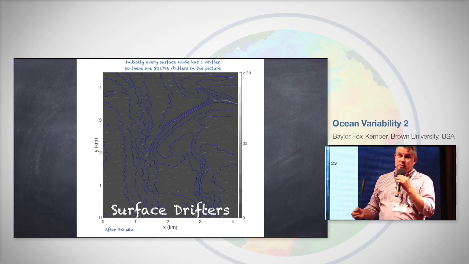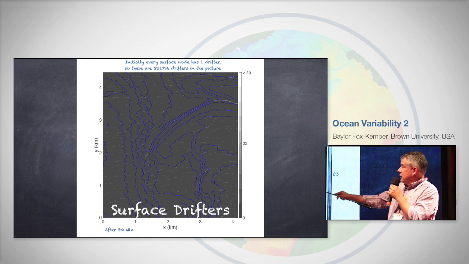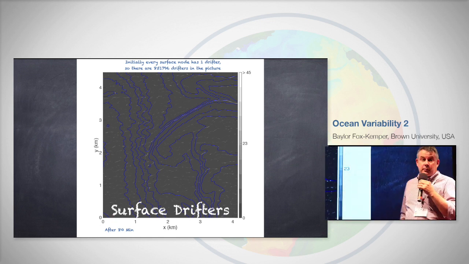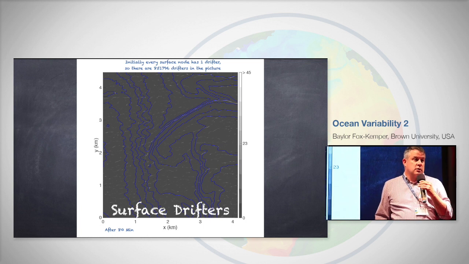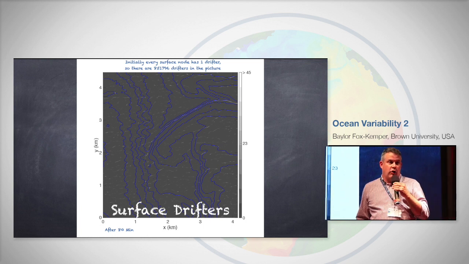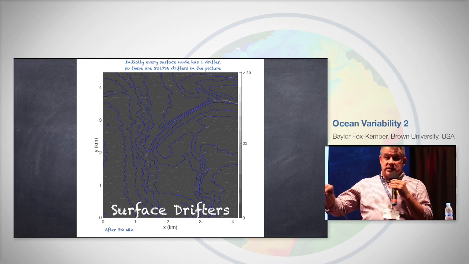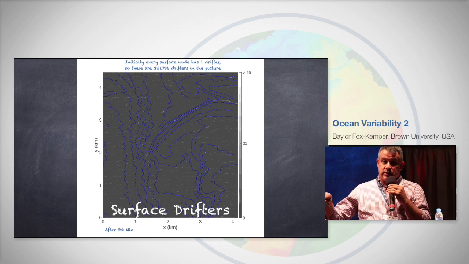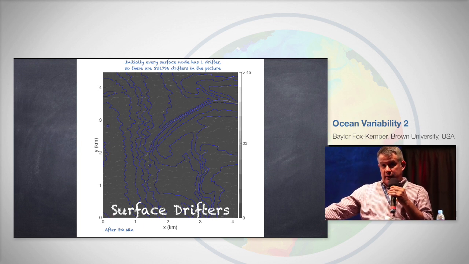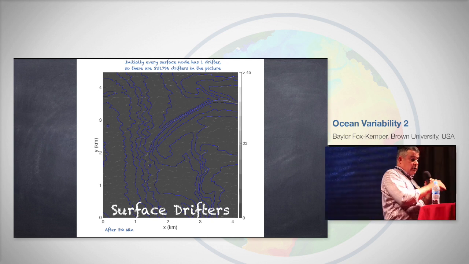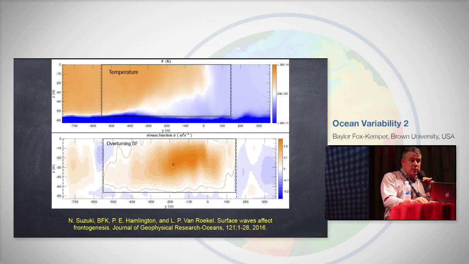And if we release surface drifters in that flow, they all pile up right on top of the front unless they get caught in a Langmuir cell somewhere else. So that front is behaving an awful lot like a Langmuir cell. It's oriented in the same direction as the wave direction. It's got a big downward velocity right in the middle of the front, and it seems to collect drifters the same way that a Langmuir cell does.